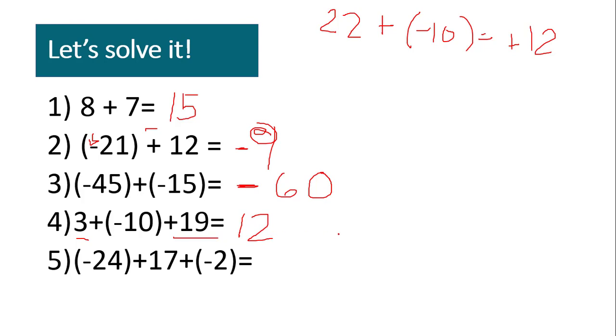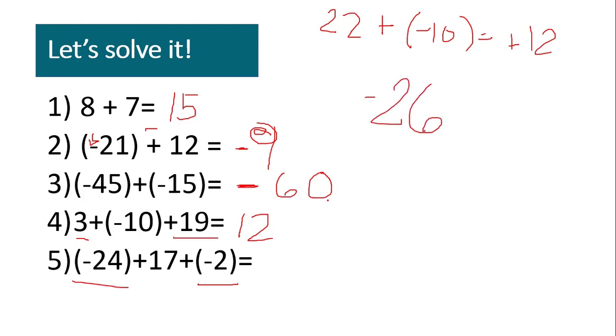Lastly, we have negative 24 plus 17 plus negative 2. Ang gagawin natin is, pagsamahin muna natin yung mga same sign. We have negative 24 and negative 2. I-add natin yung absolute value nila which is 24 plus 2, we have 26.